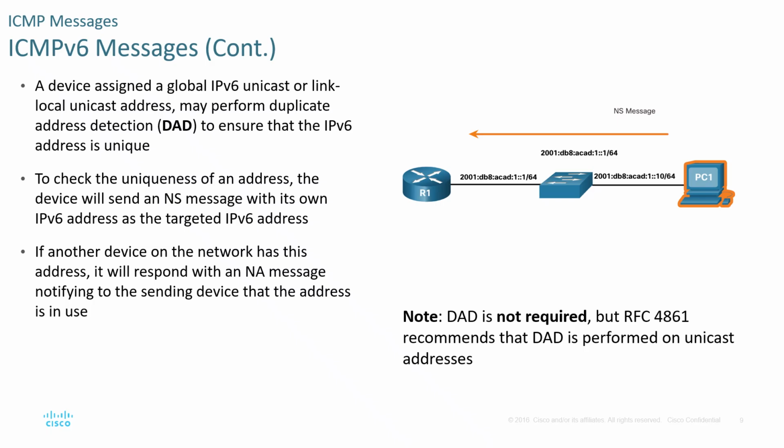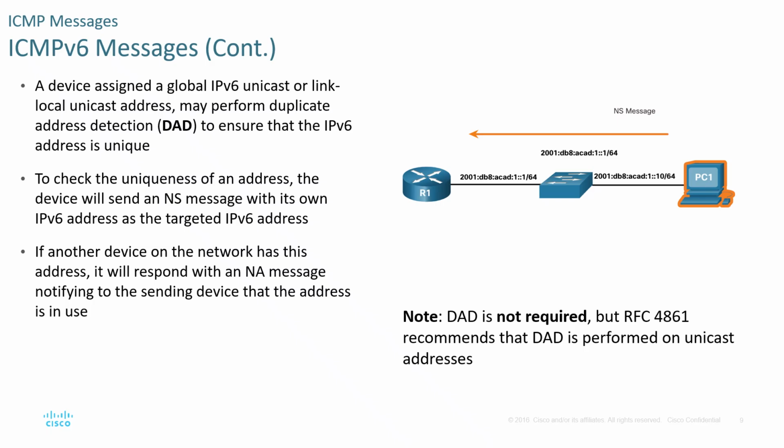It will send out a message with that IPv6 address that it got from the router, or even if it generated it itself. And it would send out a message saying, hey, is there anybody out there that has this address? Now, if somebody out there has this address and responds, then that PC or end device will not take on that IPv6 address. It will search again for another IPv6 address.